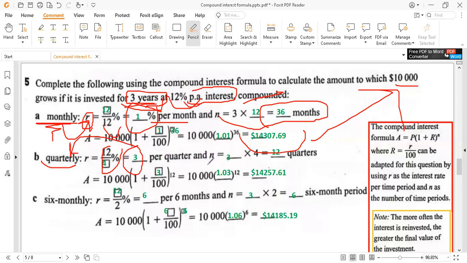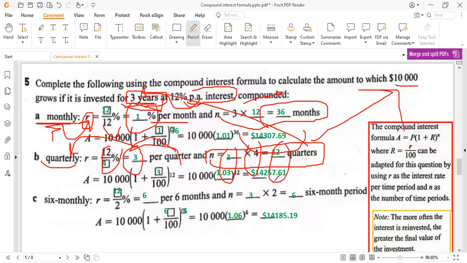If we convert the rate of investment into quarters, we should also convert the compounding period into quarters. In each year we have 4, so 3 years times 4 gives 12 quarters.